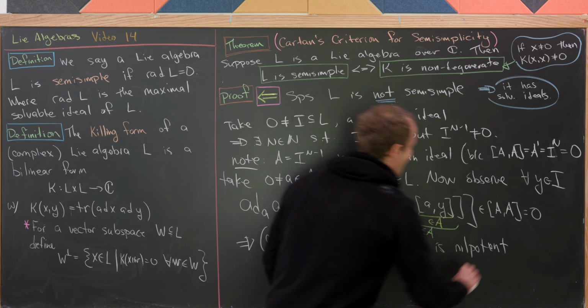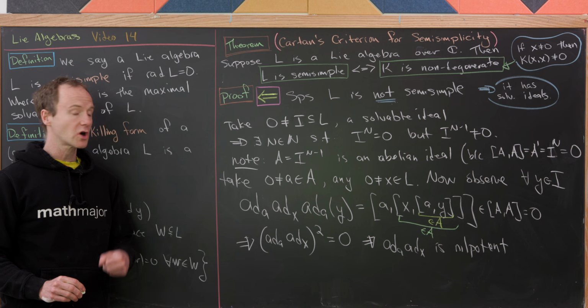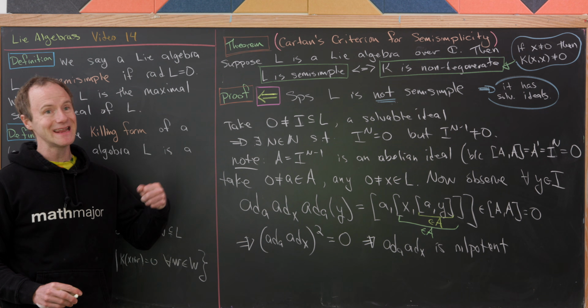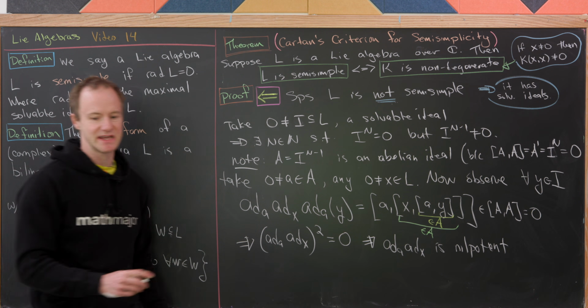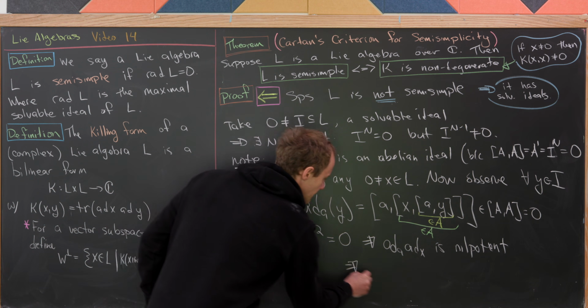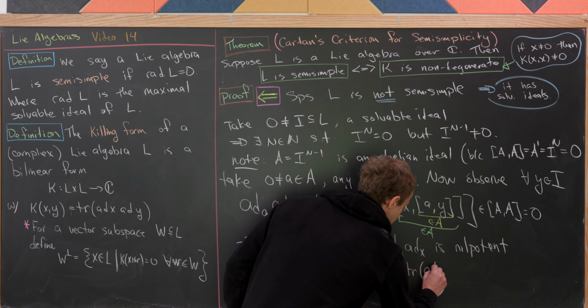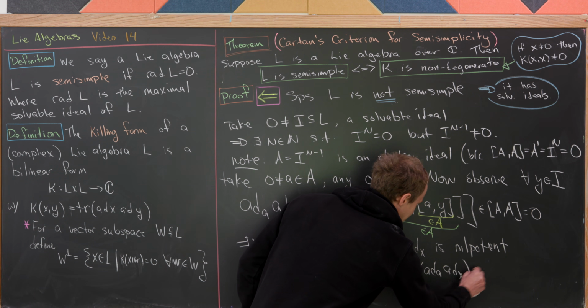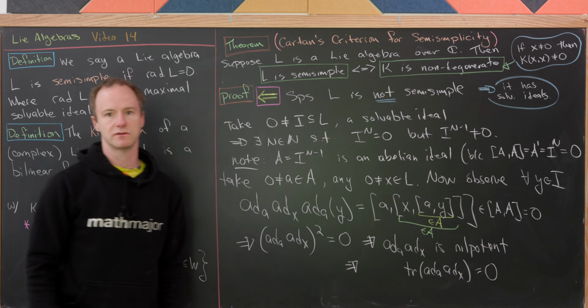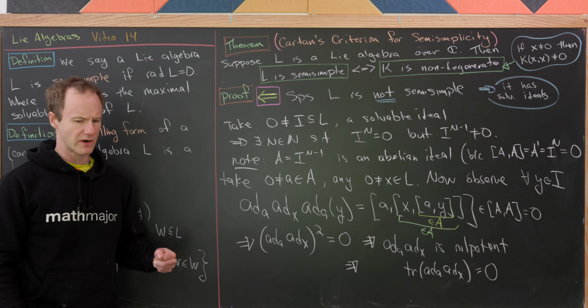But what does that get us? Well, recall that the trace of any nilpotent linear transformation is 0. So this means that the trace of ad A with ad X is in fact equal to 0. Oh, but look what we've got right there.